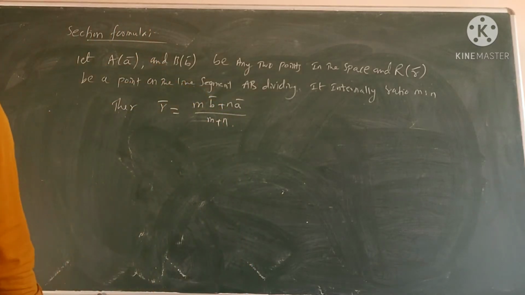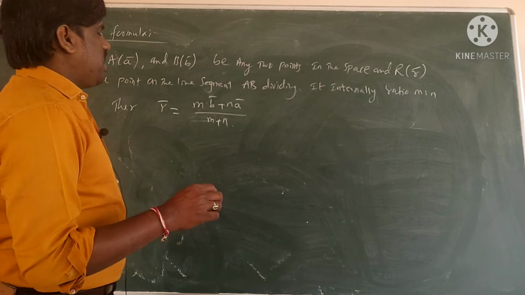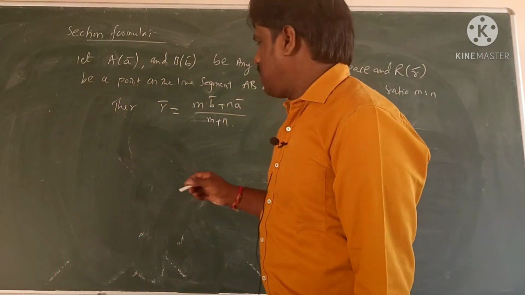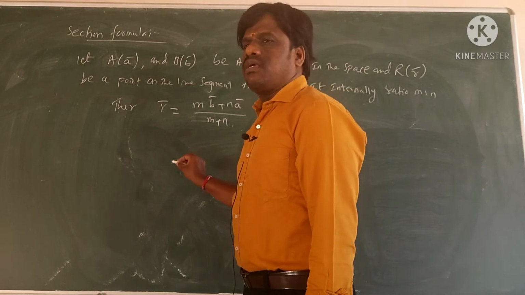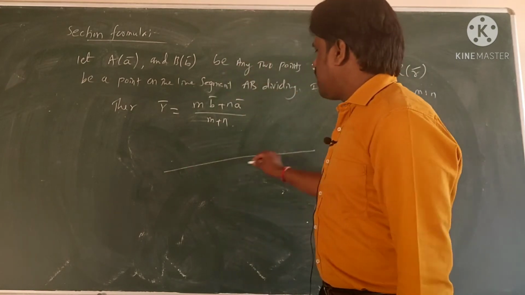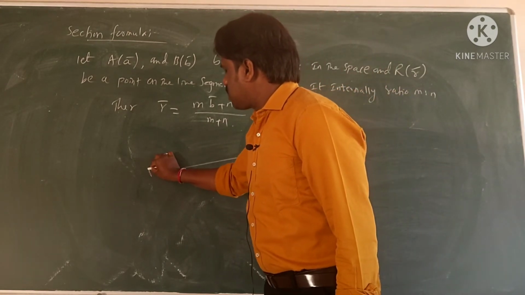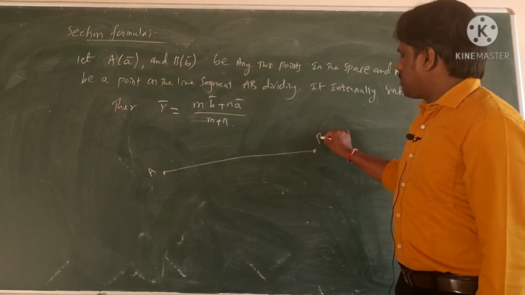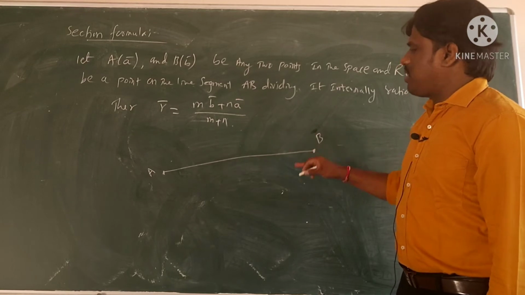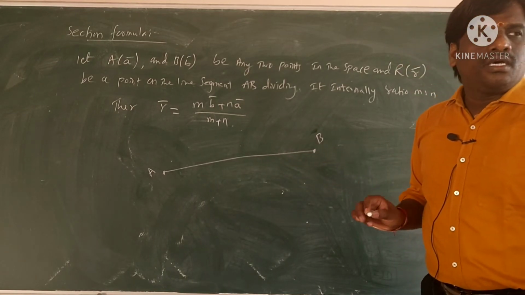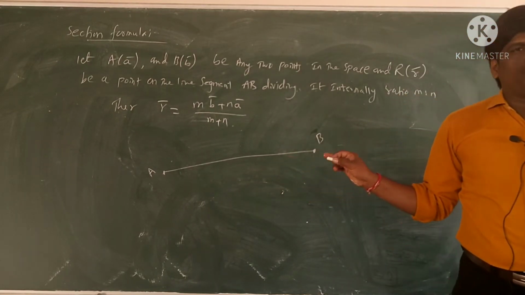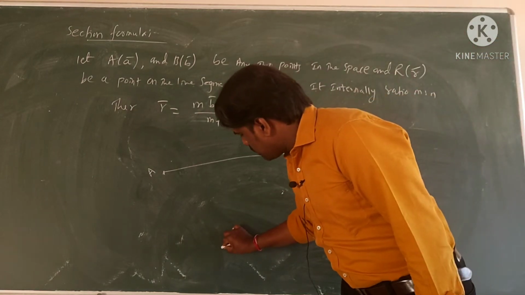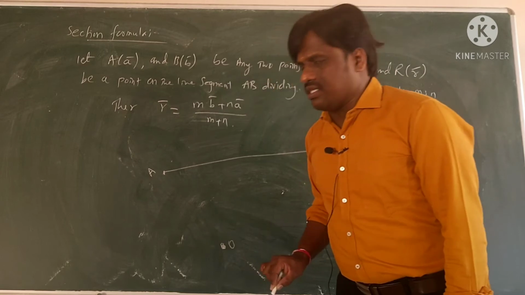See here, section formula क्या आता है? सुनो. See here, सुनो first. Section formula is what? Suppose you have here A vector, A point. You have here B point. Okay, this is B point, that is A point. If these 2 points you join, you get a line segment. And here is the origin.